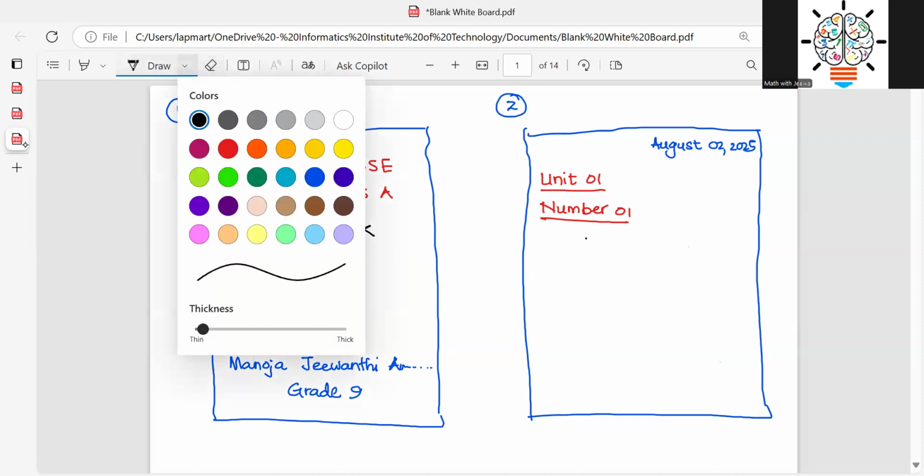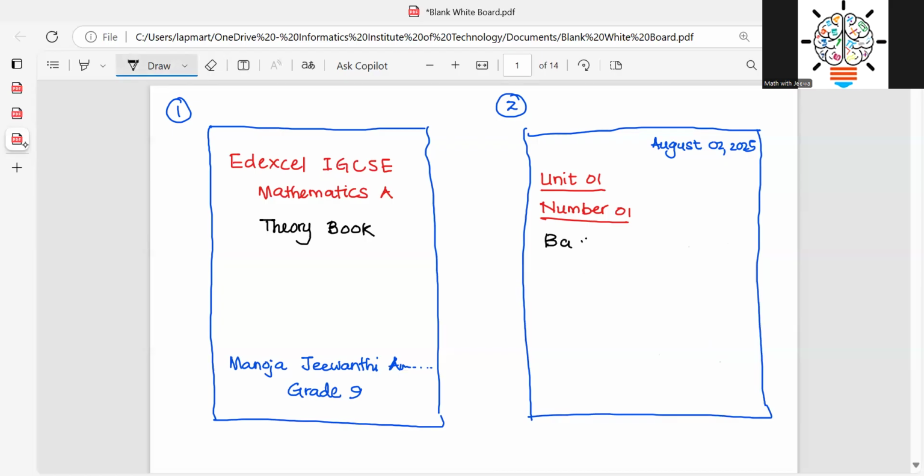So that is basics revision. The first lesson, we are just revising what you learned in grade 6, 7, 8. This is the first part we are doing here.